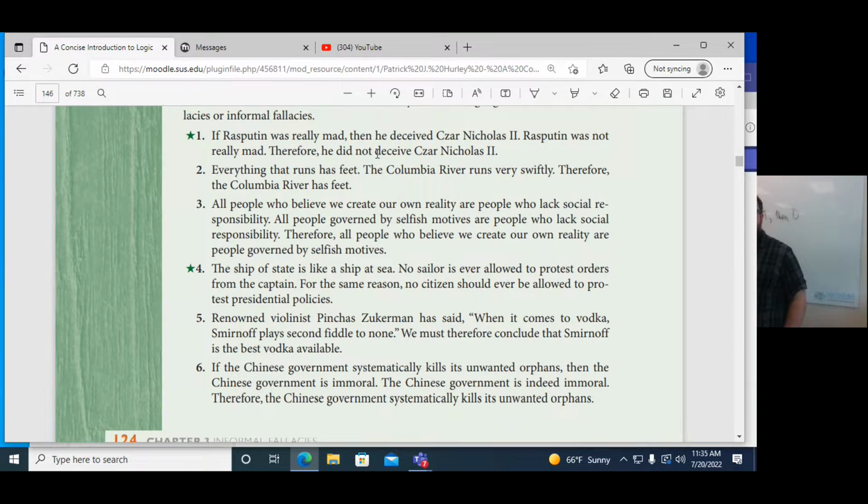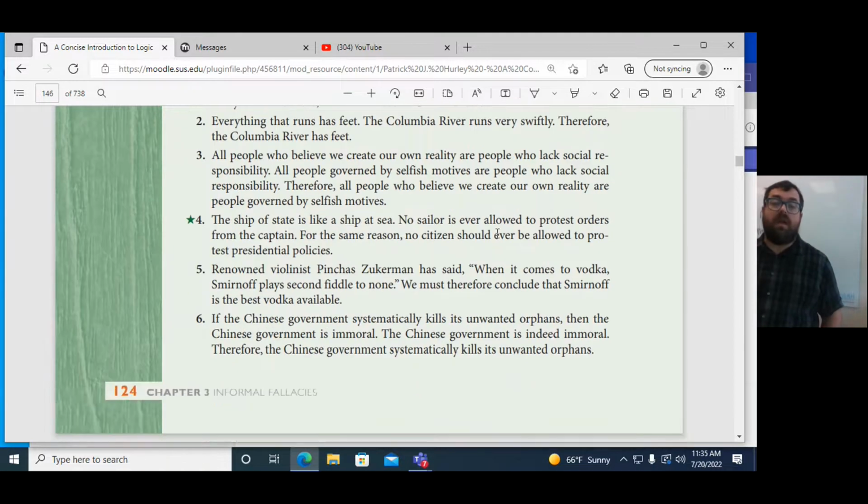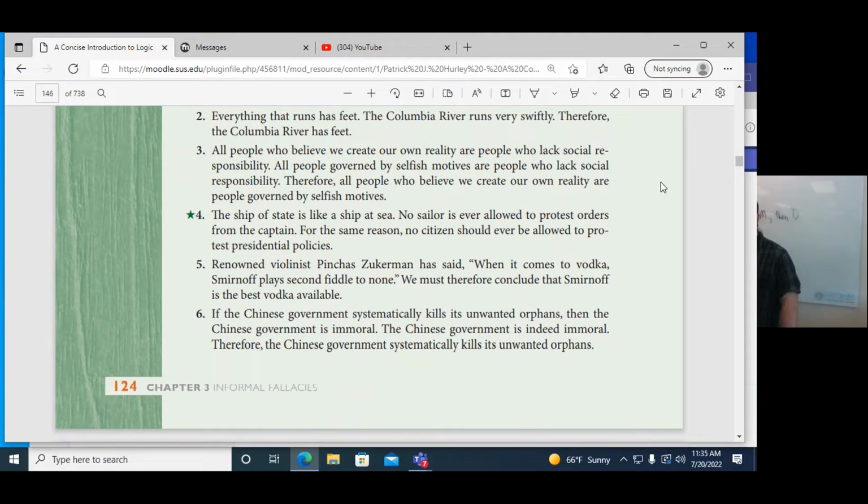Right? Number 4 is an interesting one. The ship of state is like a ship at sea. No sailor is ever allowed to protest orders from the captain. For the same reason, no citizen should ever be allowed to protest presidential policies.